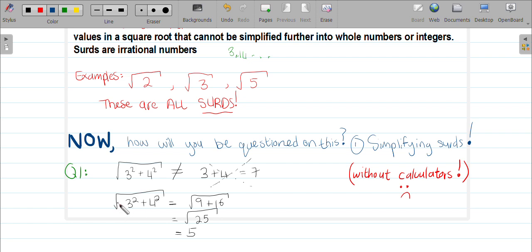When you have something inside a square root, you first simplify what is inside, and then you take the square root of that simplified number. So 3 squared is 9, and 4 squared is 16. 9 plus 16 is 25. We take the square root of 25, and that gives us our answer of 5.